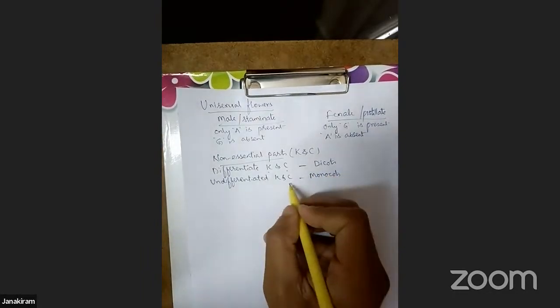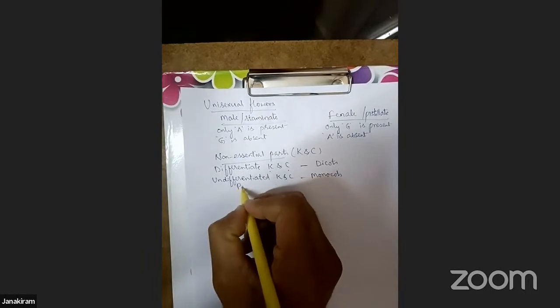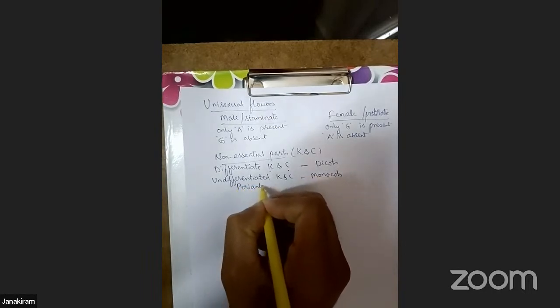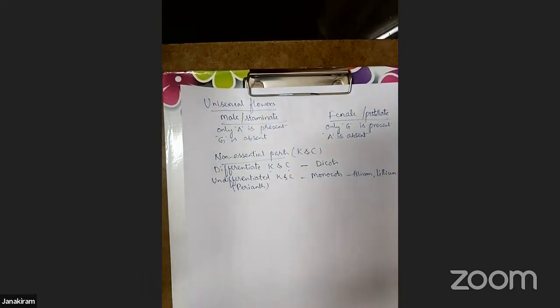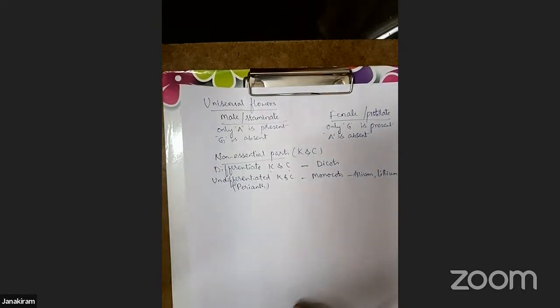When undifferentiated calyx and corolla is present, we call them a perianth. So this can be seen in monocots like allium, lilium, like many such examples. Okay, so this point has to be noted, so that we know which type of plants will have differentiated calyx and corolla and which will have undifferentiated.